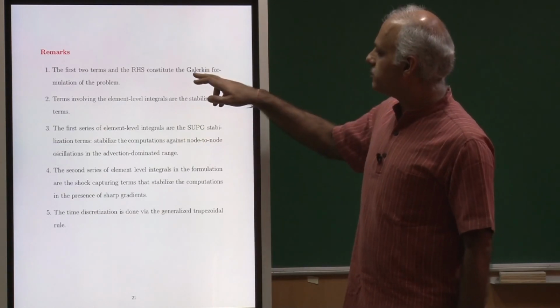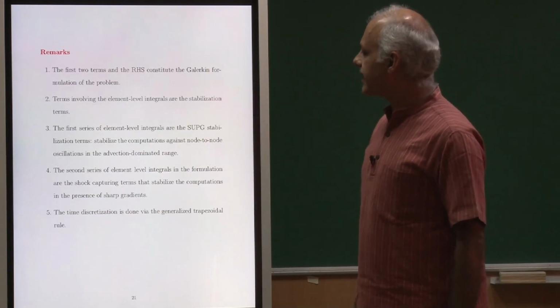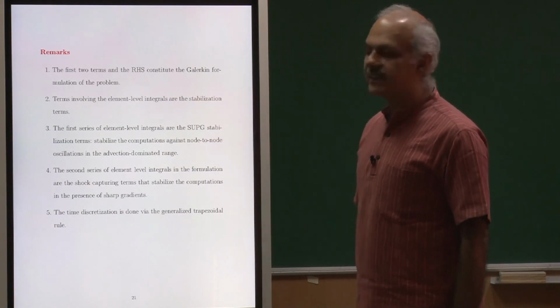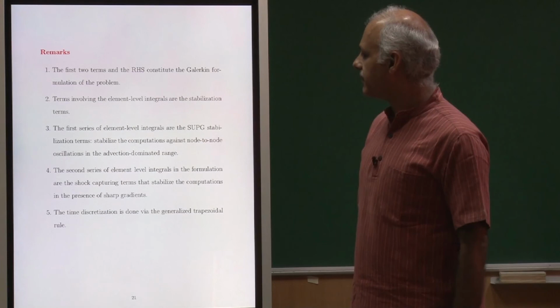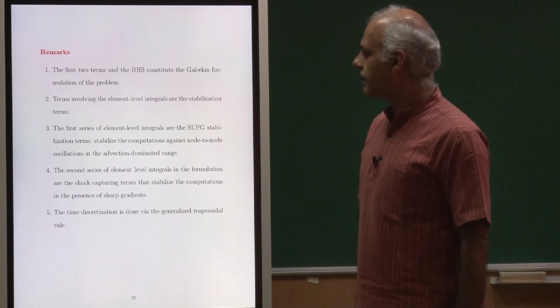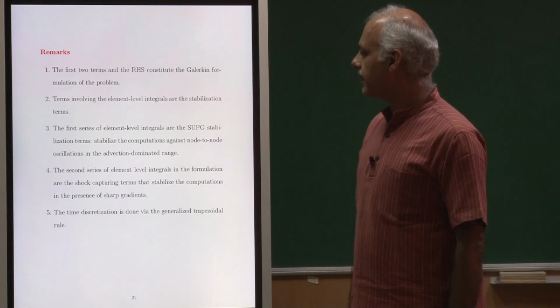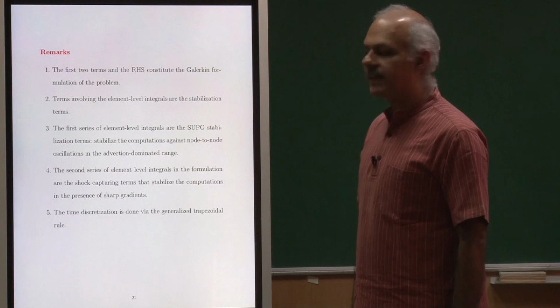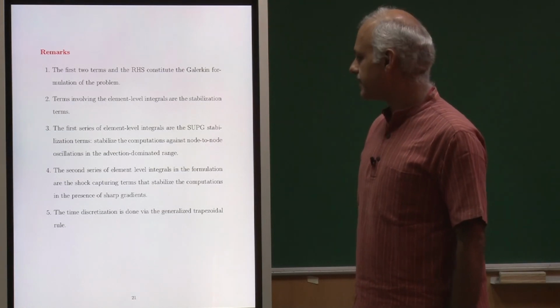So, we have already spoken about this, the Galerkin formulation, the green ones. Then we had stabilization terms as element level matrices. Then the red terms were the SUPG stabilizations that would stabilize against the advection dominated instabilities.